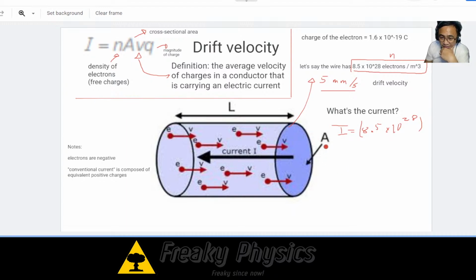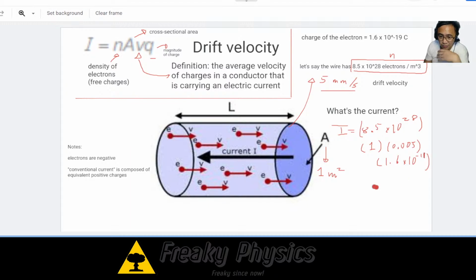So let's keep it easy and say the cross-sectional area is 1 square meter, so I'm just going to put 1 for the area. The V is given at 5 millimeters per second, so that's 0.005 meters per second. And then Q is 1.6 times 10 to the minus 19.